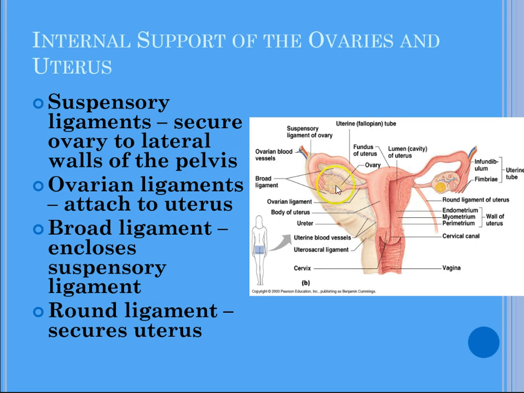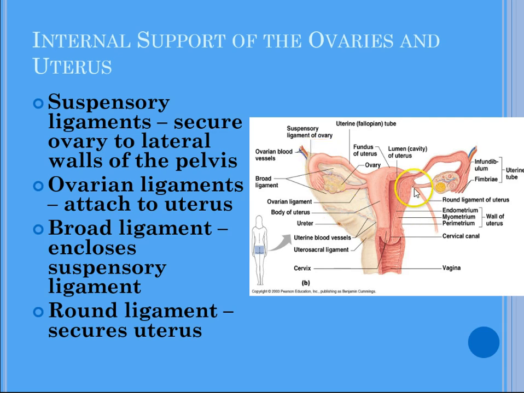You're going to have the ovarian ligaments, which are going to actually hold the ovary in place in relation to the uterus. You've got the suspensory ligaments, which are back here, going to actually hold the ovary in place in relation to the wall of the pelvis area, inside the pelvic cavity.